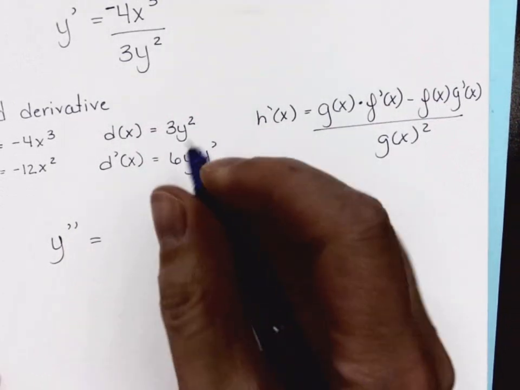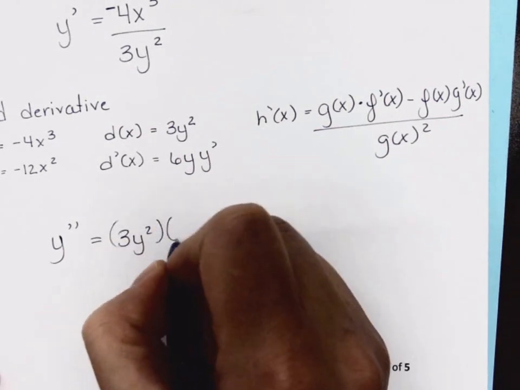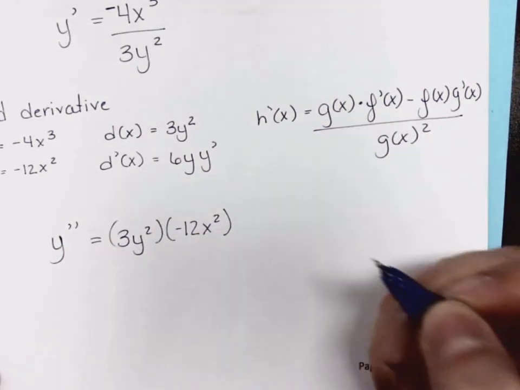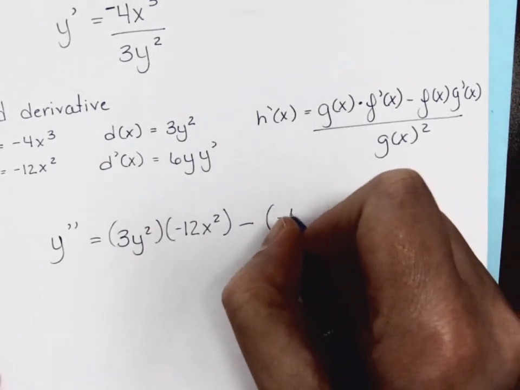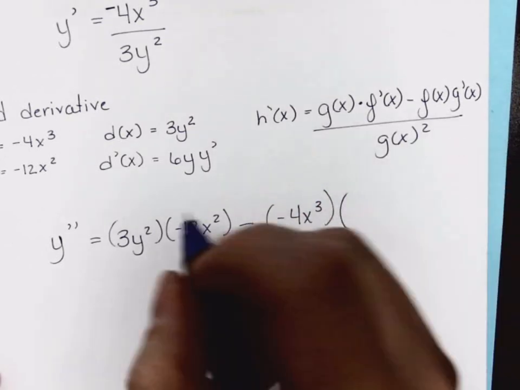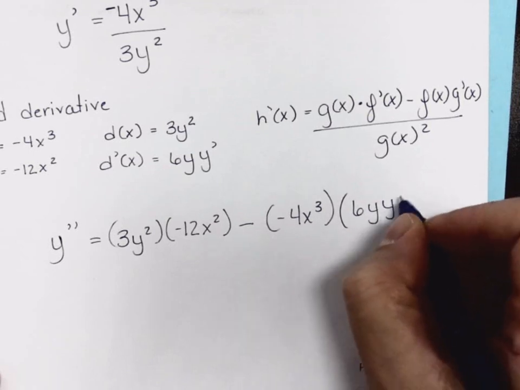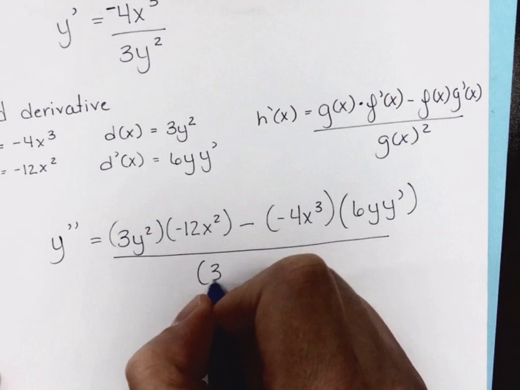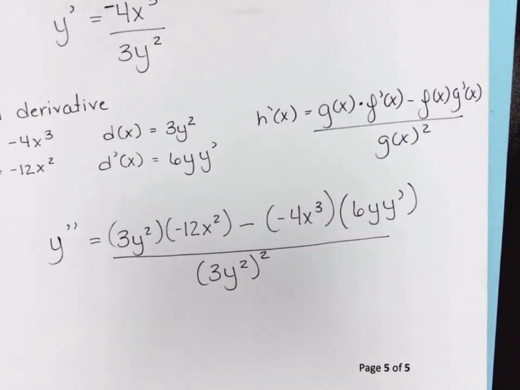G of x goes in first, which was my denominator, so that's 3y squared times negative 12x squared. Subtract the original numerator, negative 4x cubed, times the derivative of the denominator, 6y, y prime, all over 3y squared, squared.